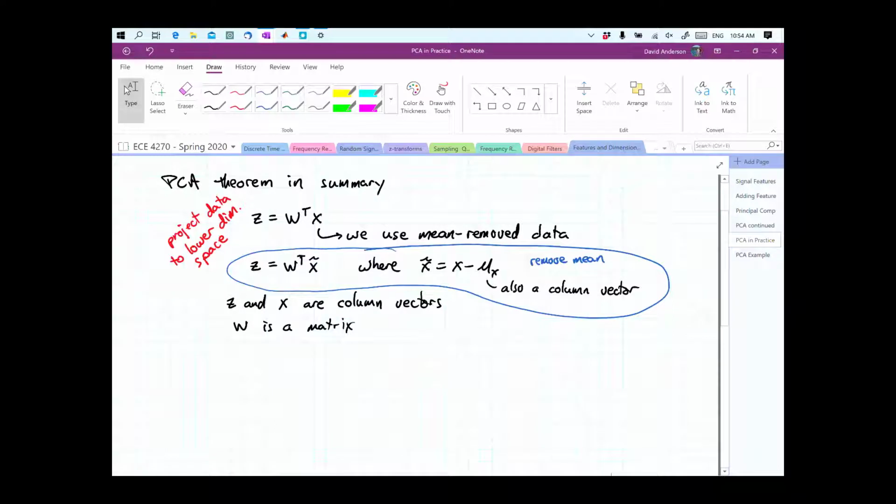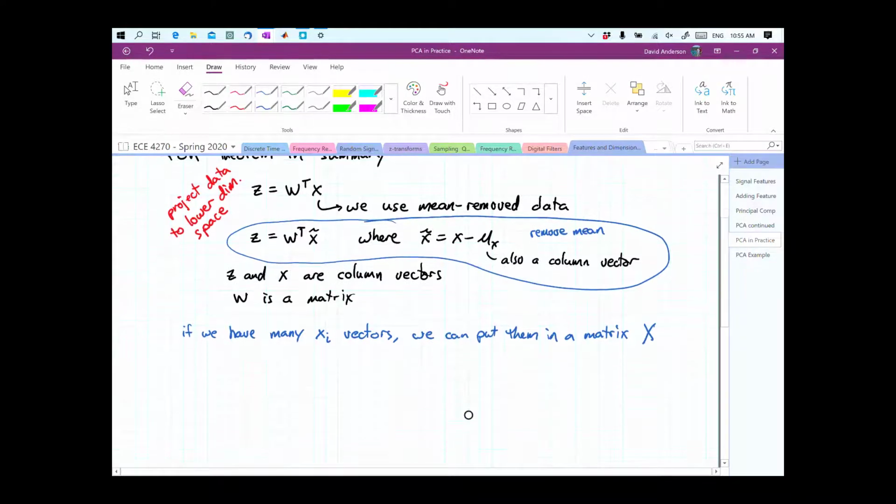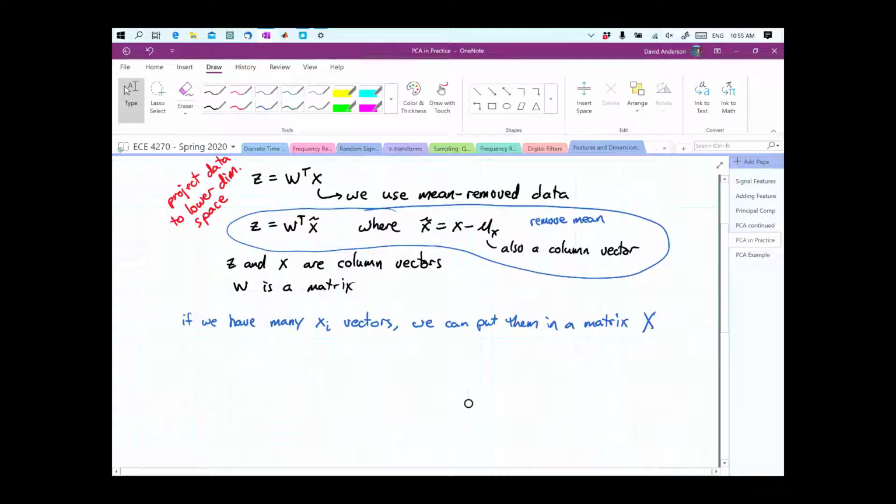Okay, so we want to project this into a lower dimensional data space, and if we had a lot of data, as we talked about last time, many x_i vectors, we can put them in a matrix, denoted by capital X. I'm going to put the tilde here.